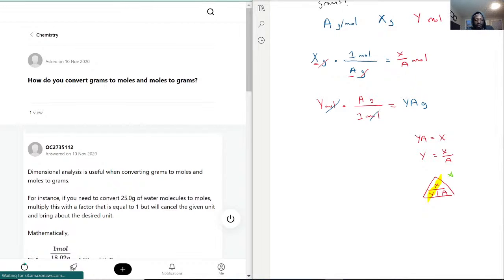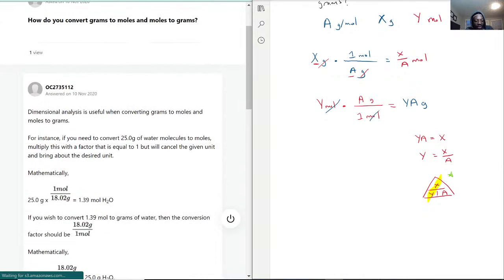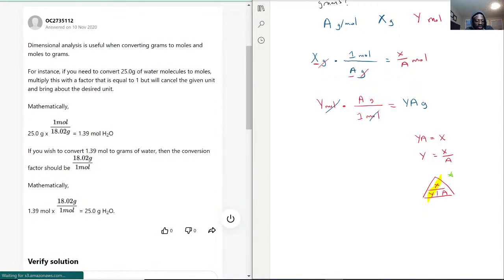So yeah, let's see how they did. They talk about the grams canceling out, and then they do the same thing here where they convert back. You notice you start with 25 grams and you end up with 25 grams, because that's what you should be ending up with.